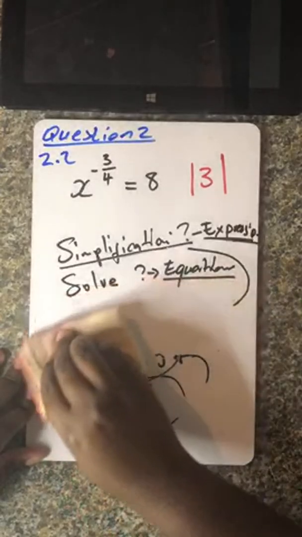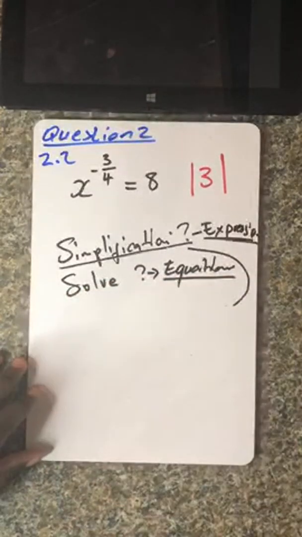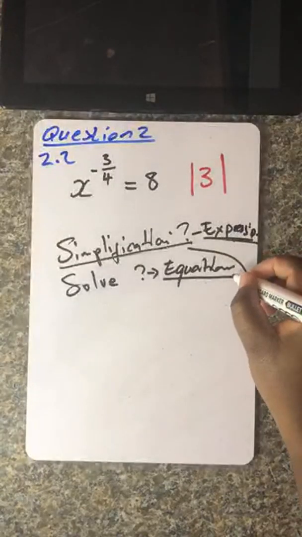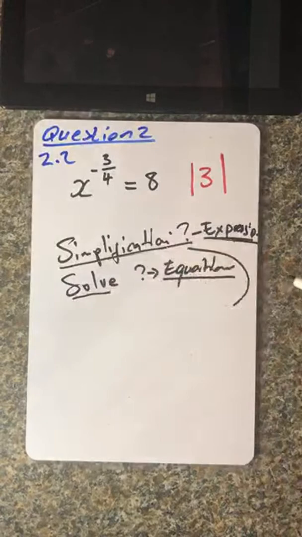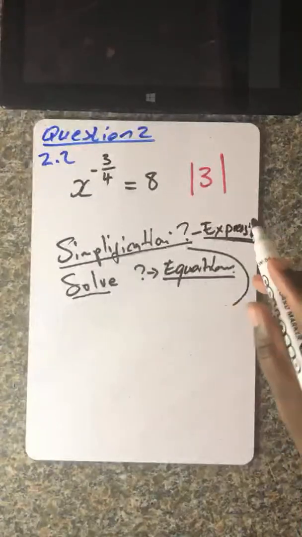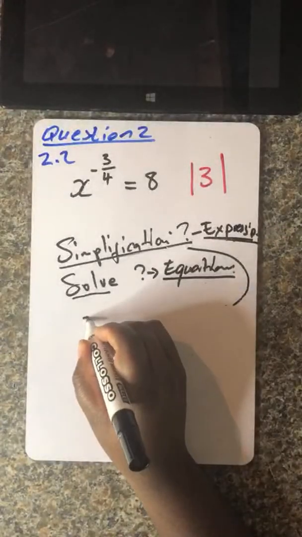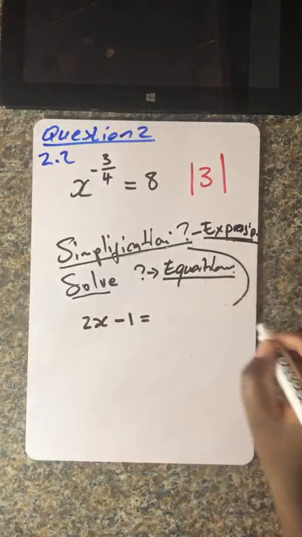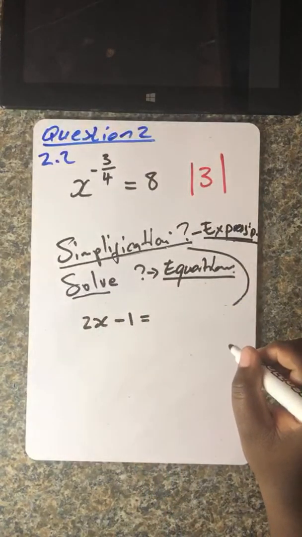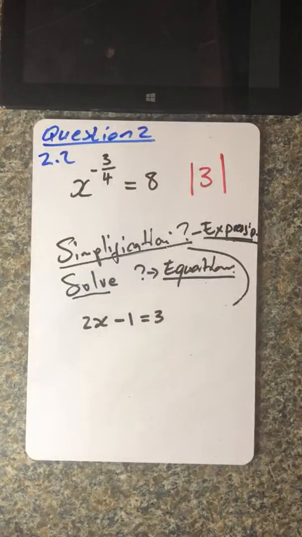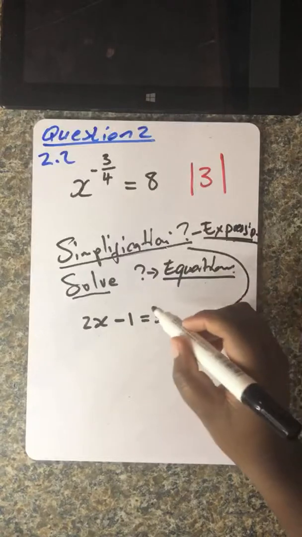So now let's get to the equation part. Since I've spoken much about simplifying, now I'll be talking about the part where you solve. Obviously that's when you are given an equation, so it's more like the opposite of what I explained. An equation could be 2x minus 1, equated to, let me see, 3.